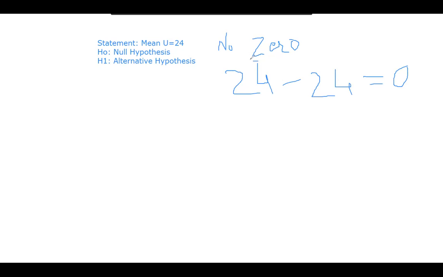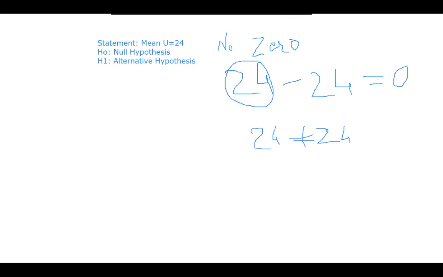Therefore, whatever assumption we made is statistically coming out the same. The alternative is exactly the opposite of the null hypothesis: not equal to 24. So these are the two statements we make at the beginning.